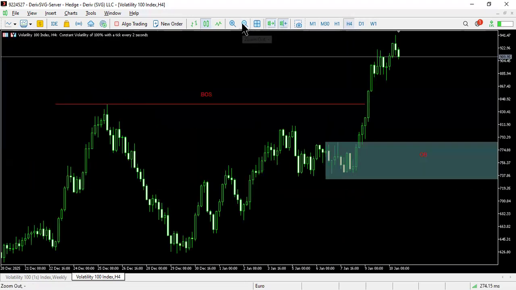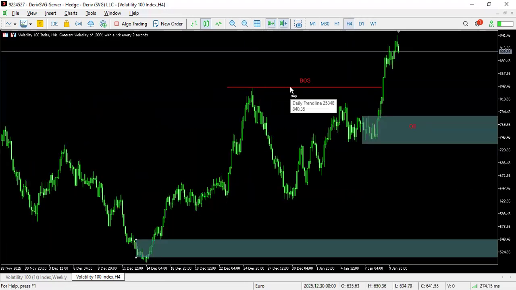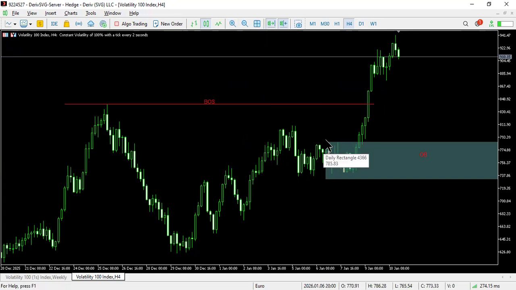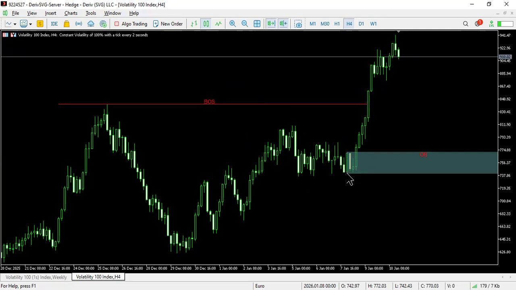If we go to the 4 hours time frame, from the 4 hours, we just adjust our levels to the 4 hours time frame. That is our break of structure. And then from the 4 hours, that is our order block where we can expect price to come back and retest.